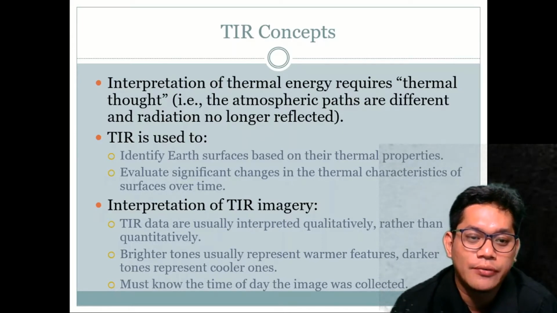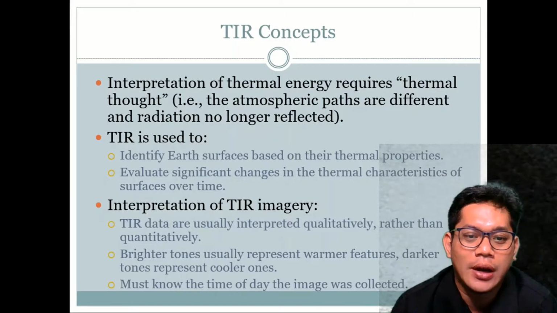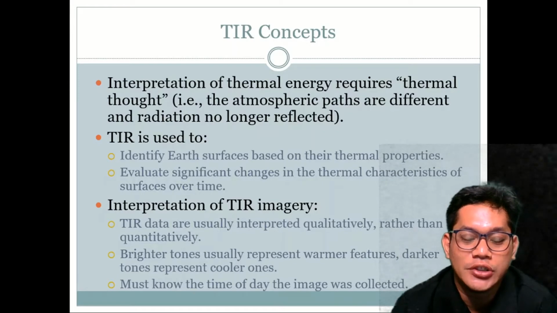When we talk about environment monitoring, we look into those two things. First, we like to identify the features on the Earth's surface based on the thermal properties, and this brings in the elements, or what constructs the features on the Earth.